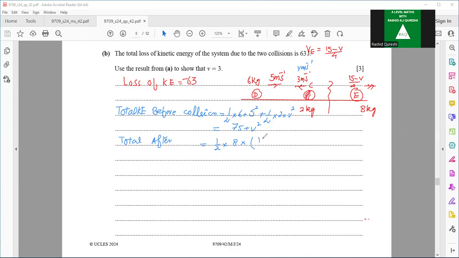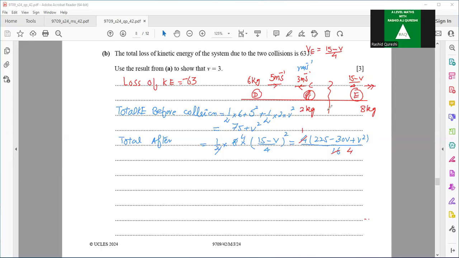The v square is (15 minus V over 4) whole square. The 8 is cancelled by the 16 partly, I will get the 4. Then I expand the whole square: 15 square becomes 225, minus 2 times 15 times V, 30V, and plus V square, divided by the square of the denominator, that becomes 16. After cancellation, that becomes 1 over here and 4 over here, if I'm not wrong.